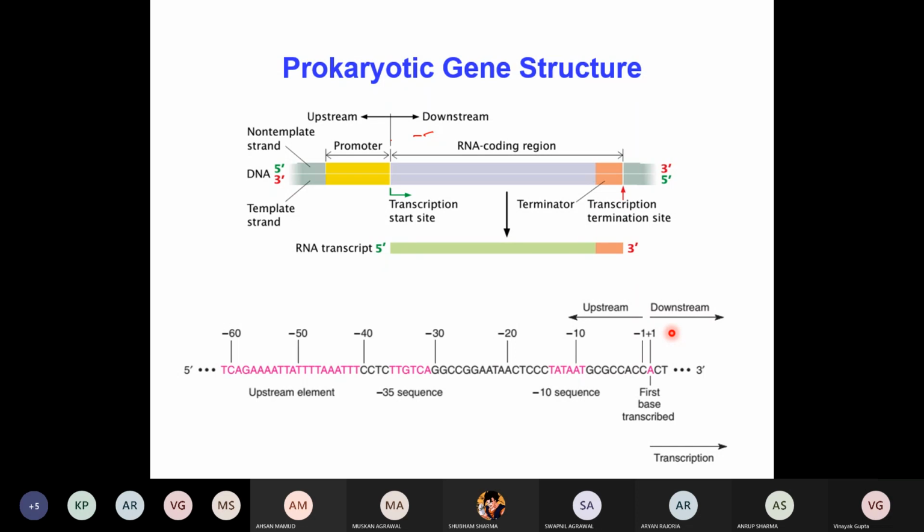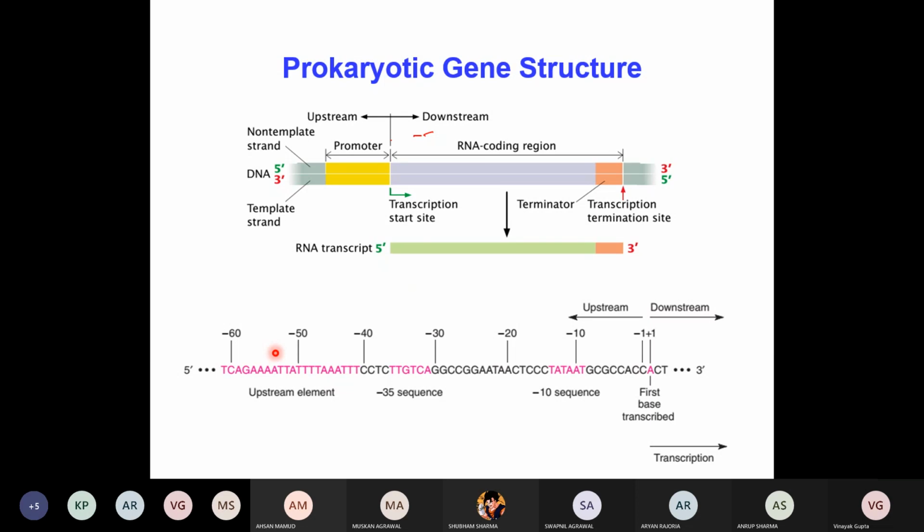Because several times we have to mention, let's say, that a protein is interacting with the DNA at this position. So we have to mention the nucleotide. How to mention? We use this numbering system: a particular protein is interacting with the DNA at -40 to -65. This is the region where the protein is interacting, right? That's why this numbering system was developed, so that we can use it as a reference.